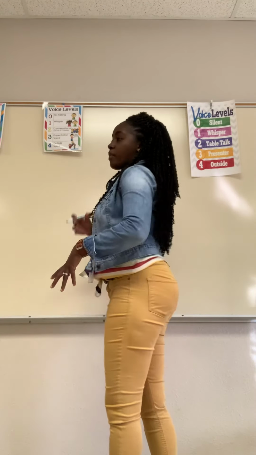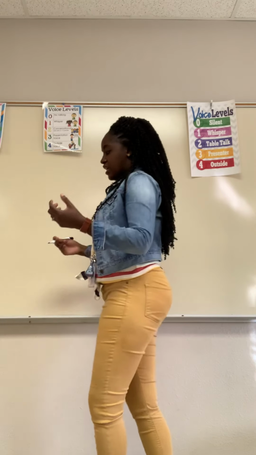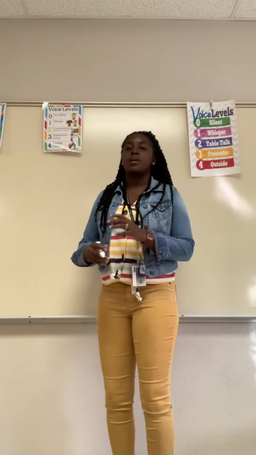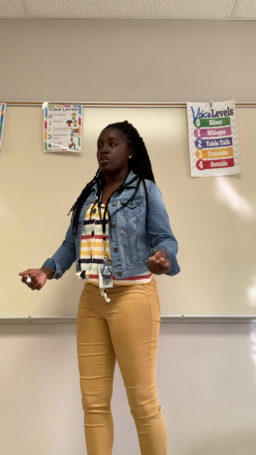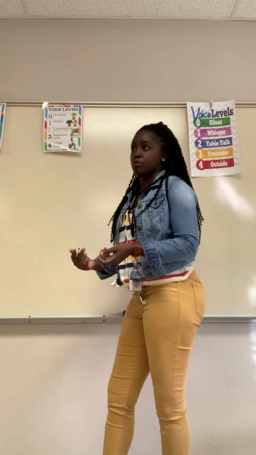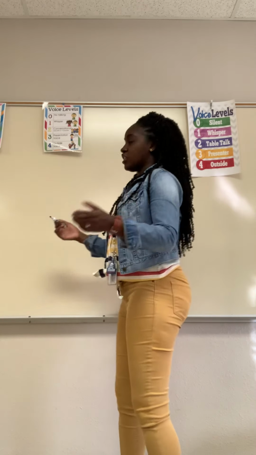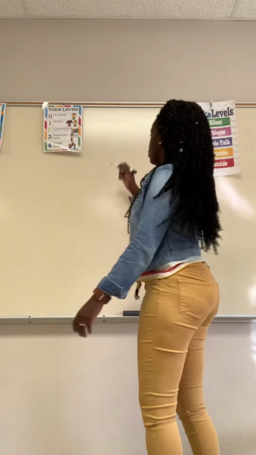So we're gonna talk about equal shares, meaning when I say equal shares, that means the same amount, the exact same amount. So let's talk about equal shares in geometry. So I just did a circle, now I'm gonna do a square.